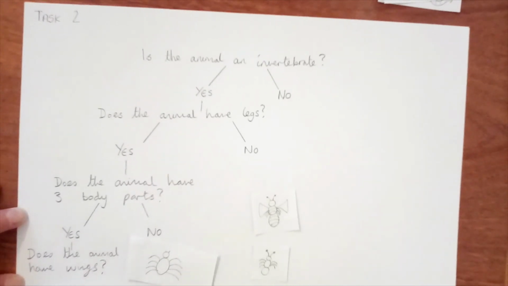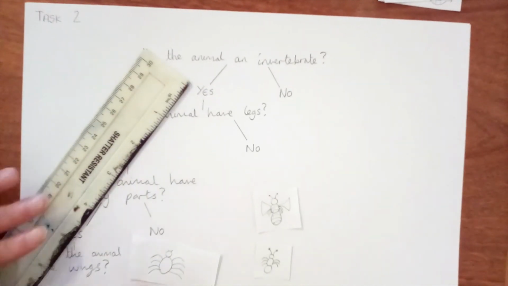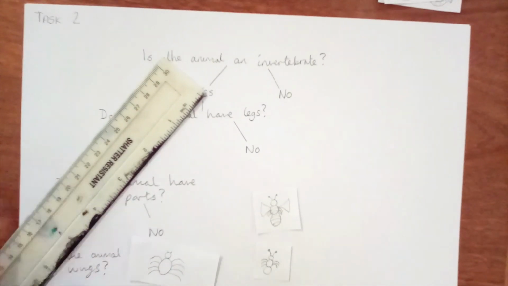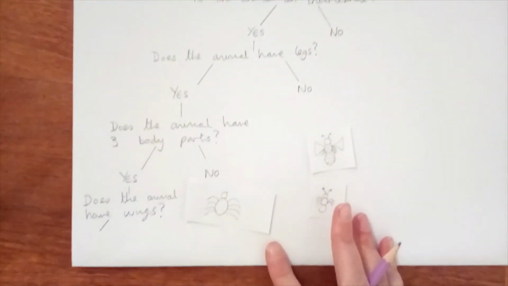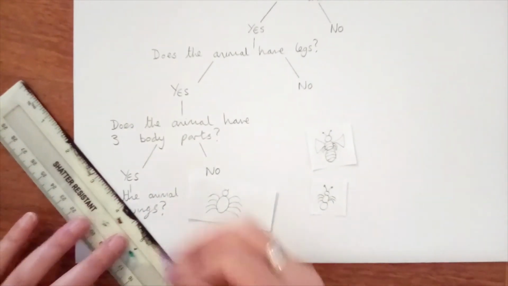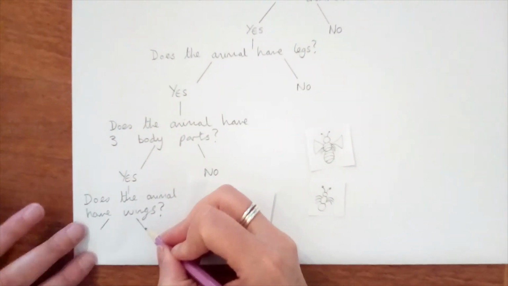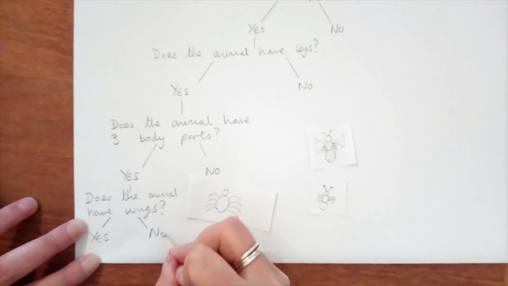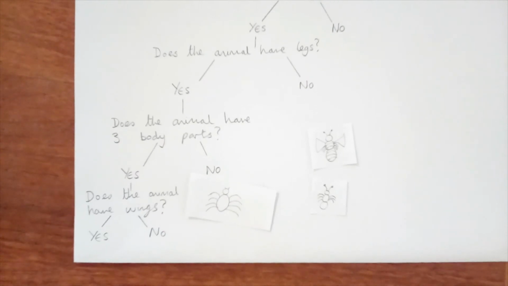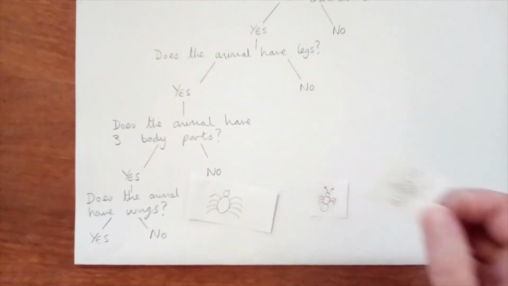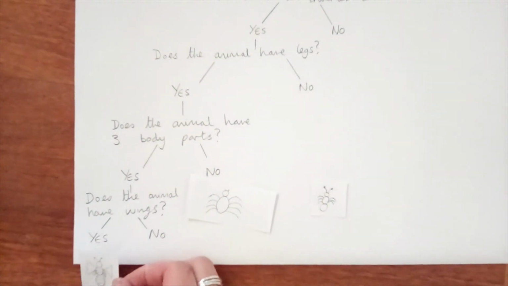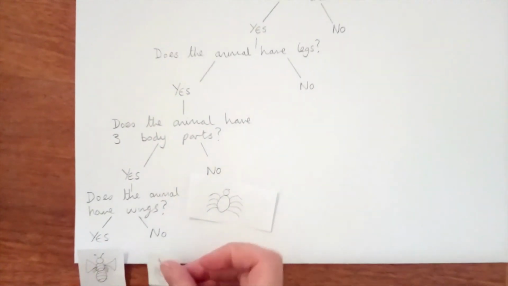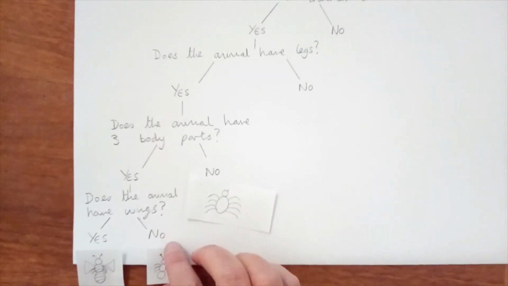Question mark. And again, I get my ruler. I've got 2 options. Let me just move this up so you can all see. I've got yes, it does have wings, and no, it doesn't have wings. So, as I'm sure you can work out, if I'm saying yes, it does have wings, my bee is going to go down there. No, it doesn't. That is going to be my ant.